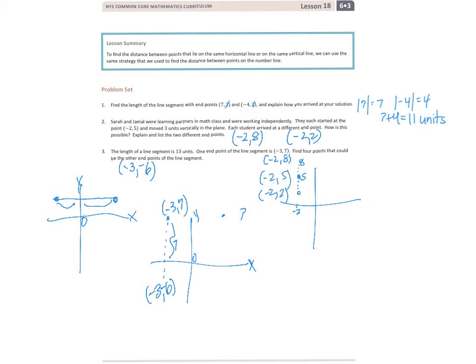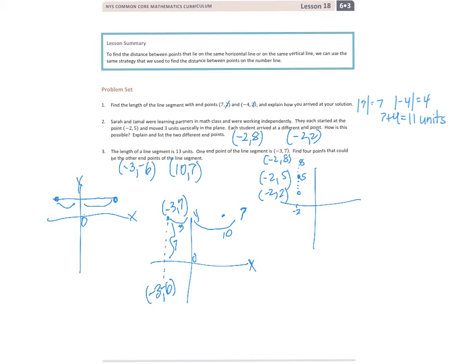That distance, the absolute value of negative 3, is a distance of 3. So then I know that this distance has to be 10. So I have to go over 10 and I have to go up 7. That's another possible point.